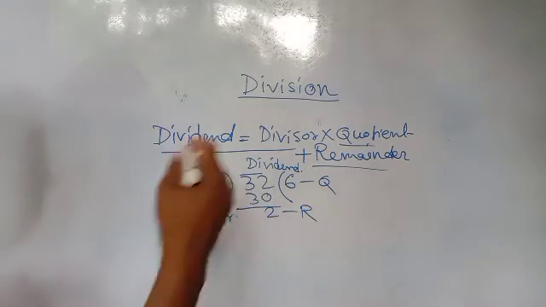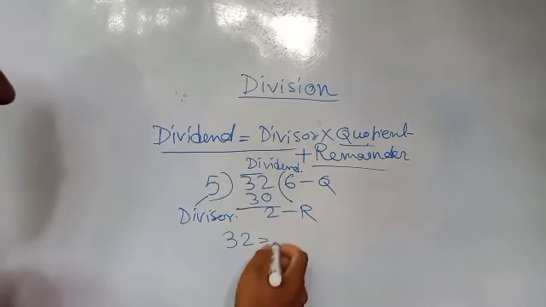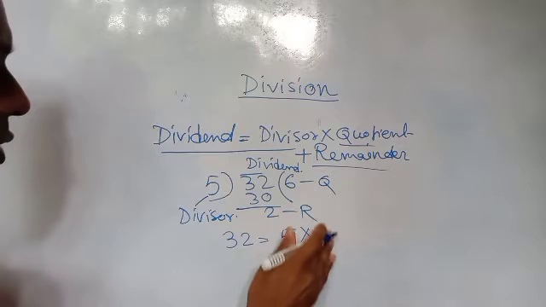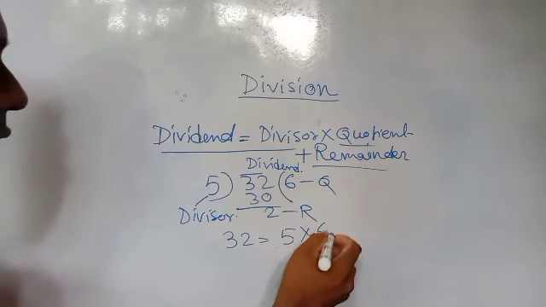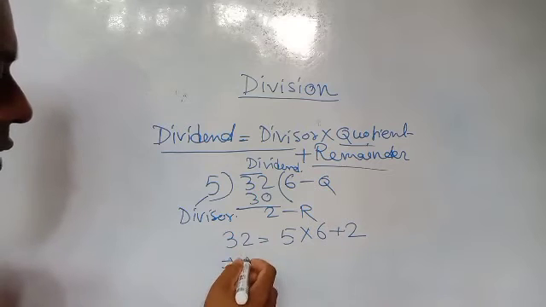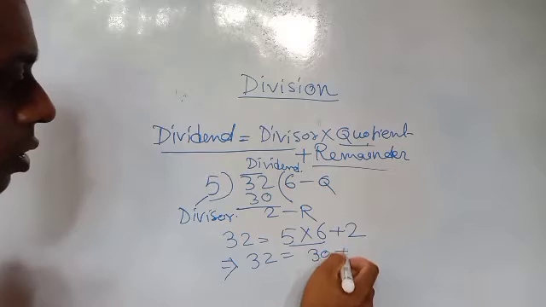Okay. Now you put the value. Dividend is equal to 32. Divisor is equal to 5. Quotient is equal to 6, and remainder 2. Now this side 32. 5 into 6, 30, plus 2.